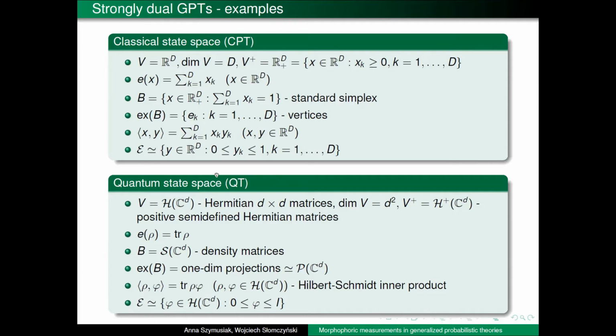The unit is just the trace operator, and the states are just density matrices, and of course pure states can be interpreted as one-dimensional projections or as projective complex space. And again, there is a natural inner product here, the Hilbert-Schmidt product, and the normal definition of effects. But there are some other interesting examples.